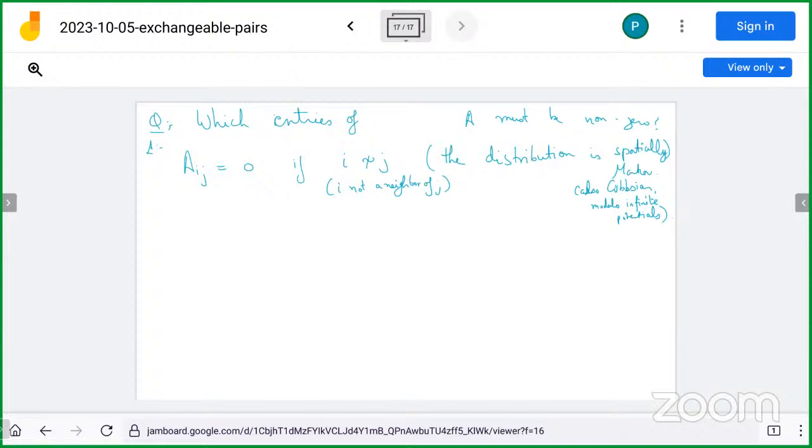Now, the total variation distance: a simple coupling argument shows that.